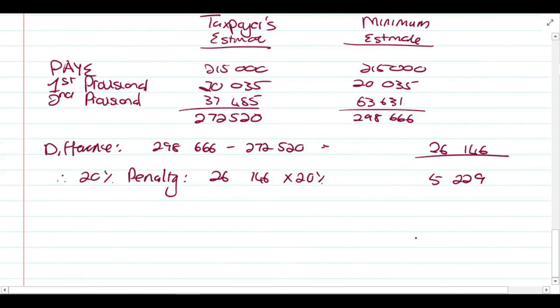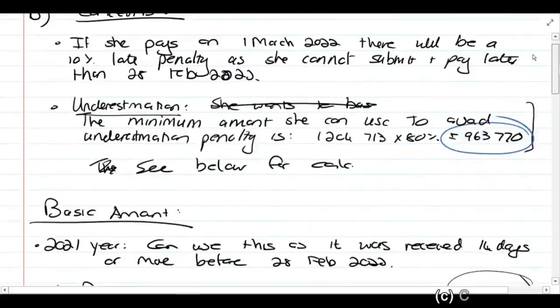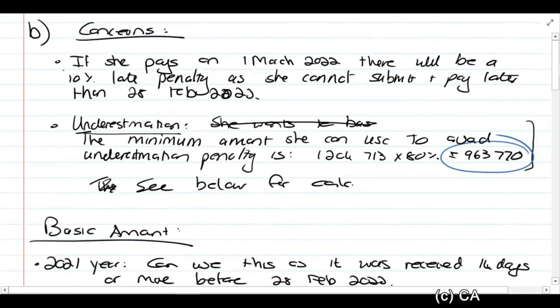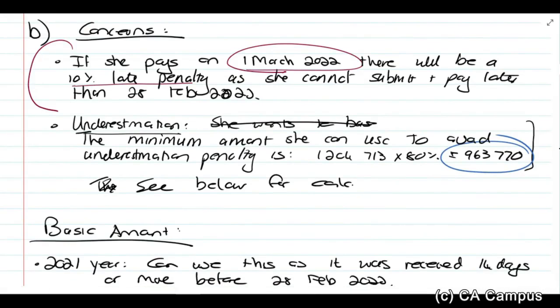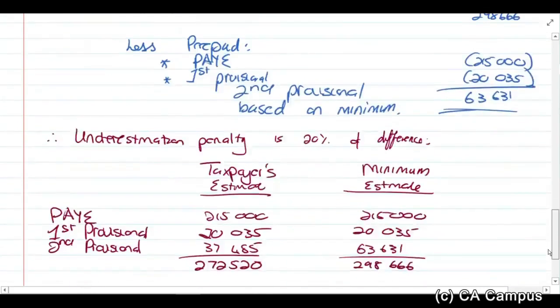But from this, you will deduct any late payment penalty. Now in this case, and I didn't discuss it earlier, remember we mentioned that if you pay it on the 1st of March, there will be a 10% late payment penalty.